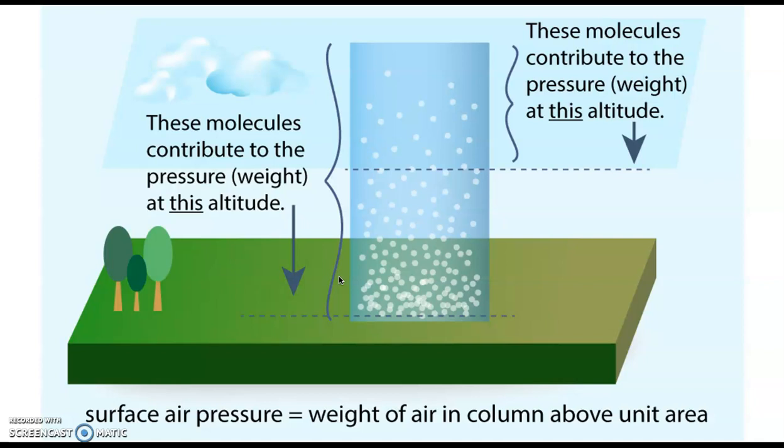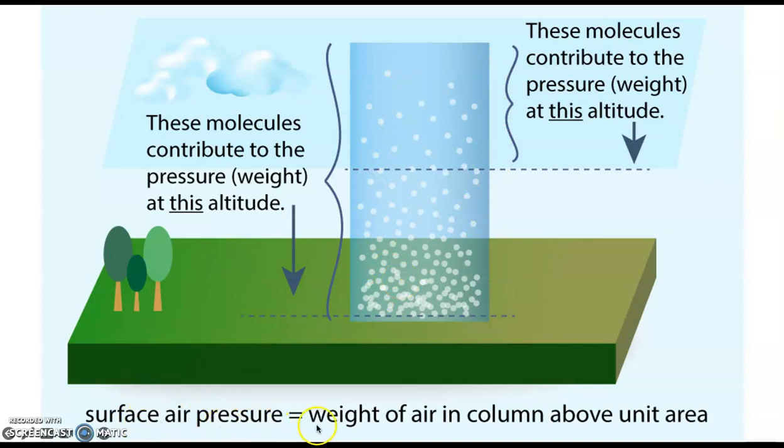So here's a little graphic to show you how air pressure works. The molecules of gas that you breathe in have mass, and gravity pulls on those molecules just like it does everything else, which pulls them down. And if we're down here, there's actually a lot of gas above us that has a lot of mass and a lot of weight. So that does push down and creates a pressure.